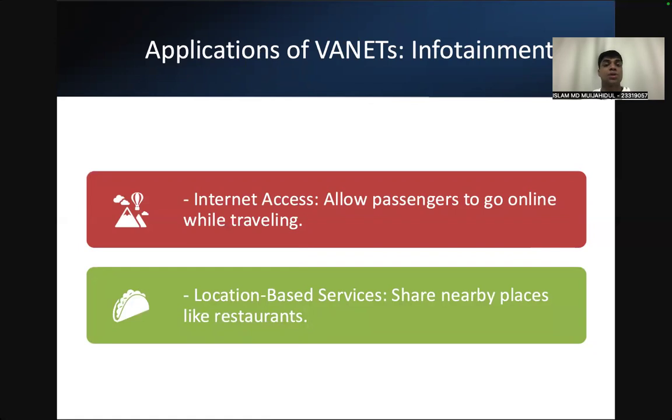Then the second one, location-based services. The system can suggest nearby places based on your location. For example, if you need to refuel, it can show you the closest gas station. If you are hungry, it can recommend restaurants along your route.